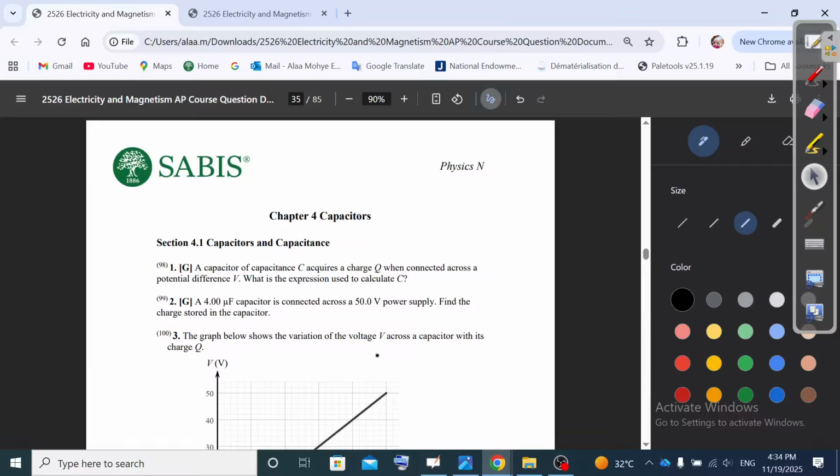Capacitance. A capacitor of capacitance C acquires a charge Q when connected across a potential difference. So it's your famous Q equals CV equation. A 4 microfarad capacitor is connected across whatever. Find the charge stored.